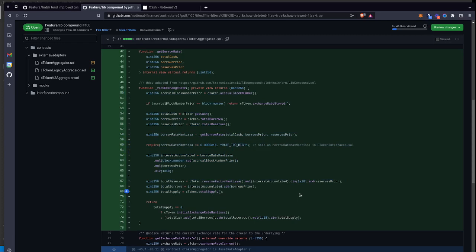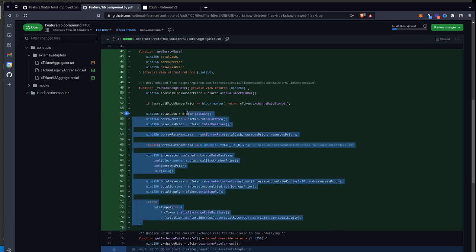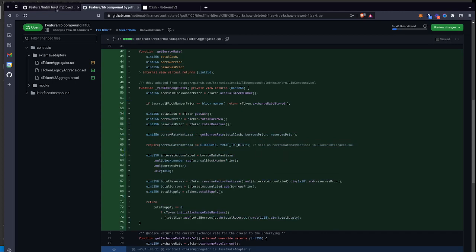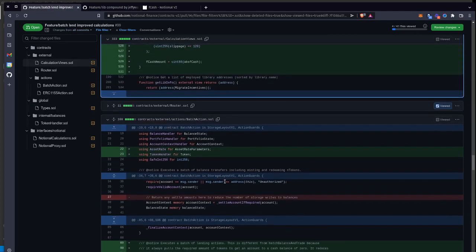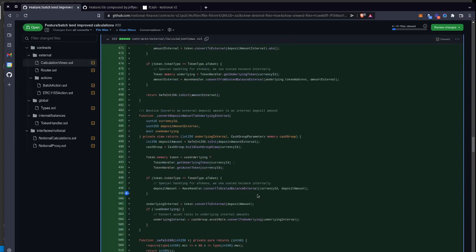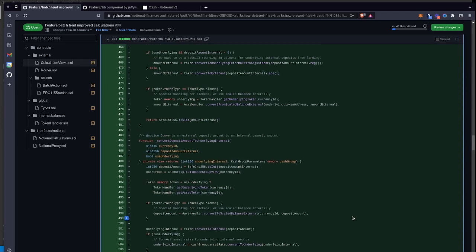Internally inside Notional, whenever we do actual stateful changes on the AMM, actual trades, we always call the stateful version on Compound, and we get the most accurate C token exchange rate. So this change will only be to view methods and will make these calculations more accurate, irrespective of when the C token has actually accrued its interest.